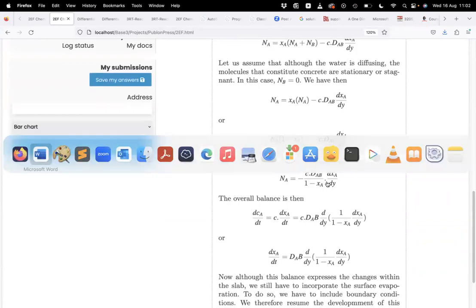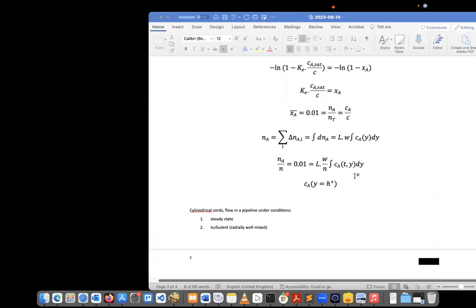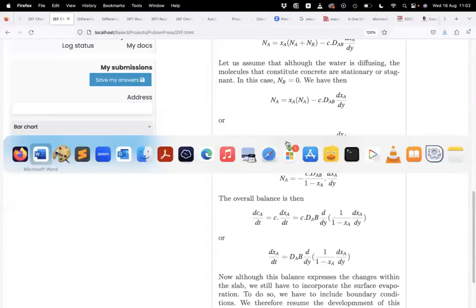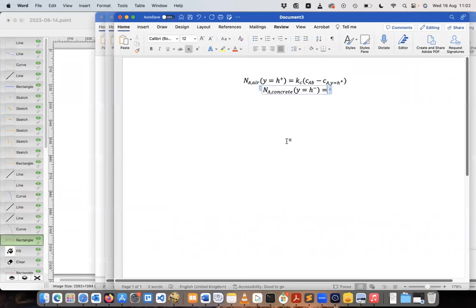So we can write here that our flux, which is minus C D_AB, divided by 1 plus x_A, times dx_A/dz, is actually the flux that's inside the concrete.